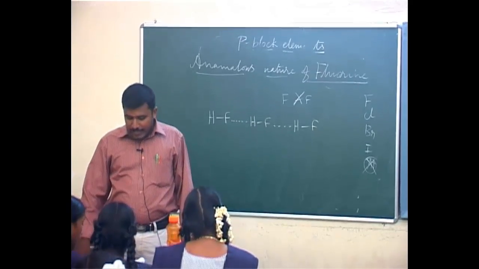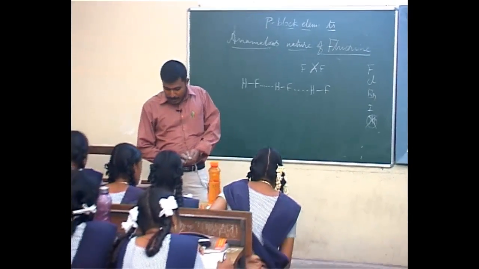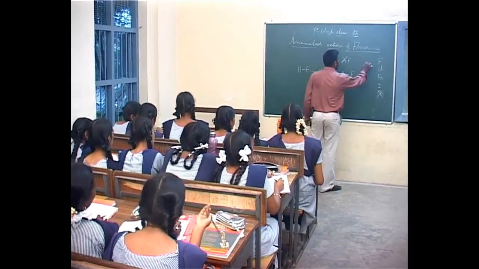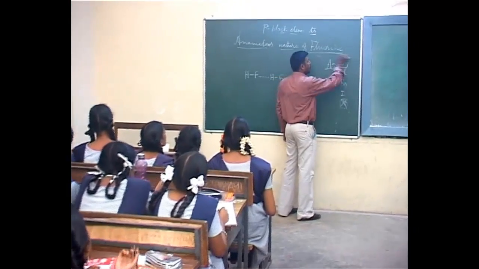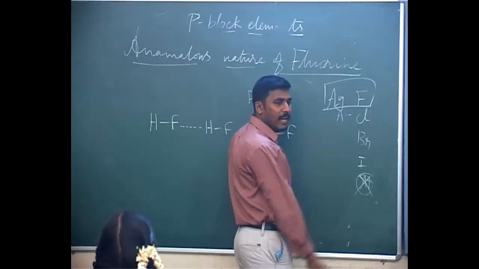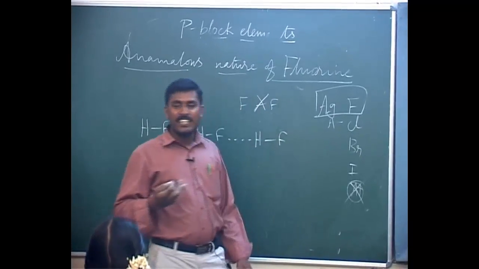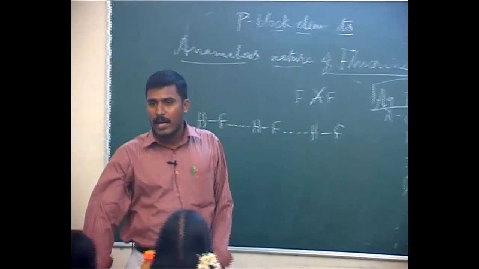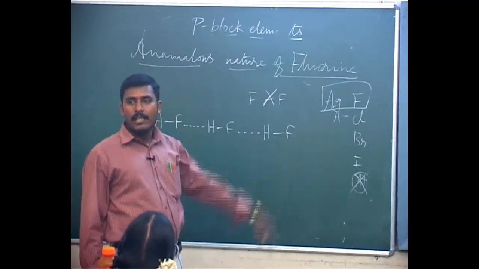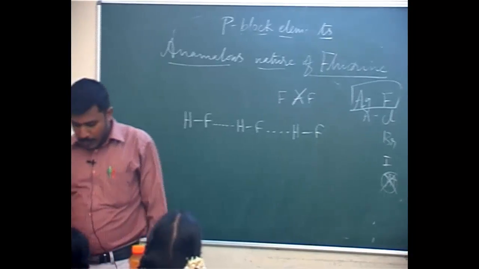AgF is soluble in water, while the other AgX are insoluble. AgF alone is soluble in water; AgCl, AgBr and AgI are insoluble, where X means halogen.